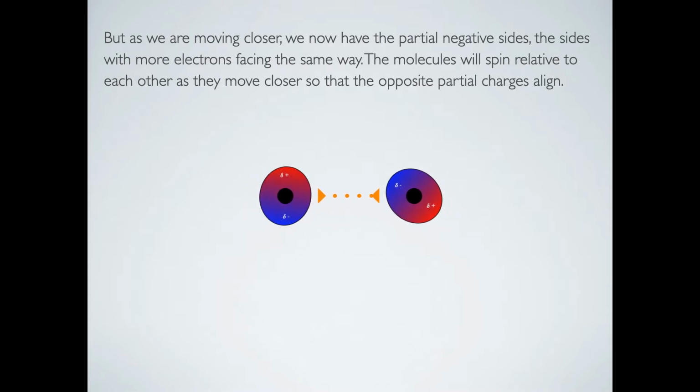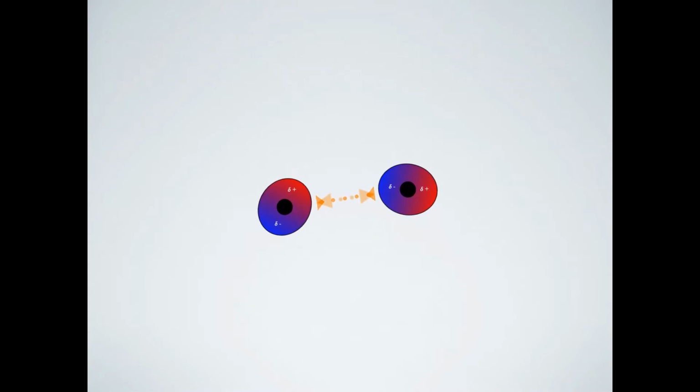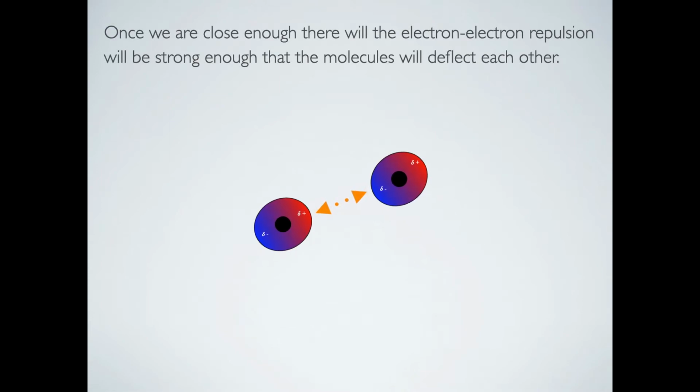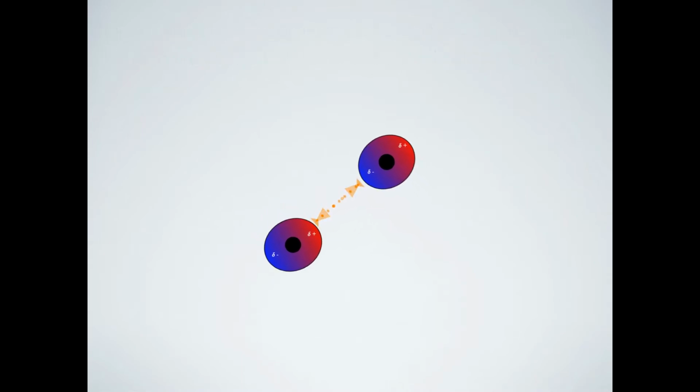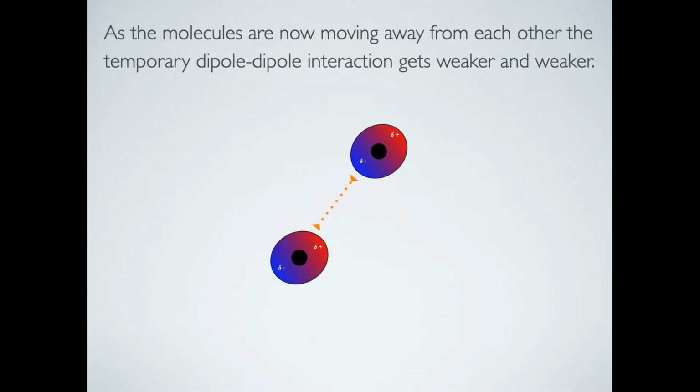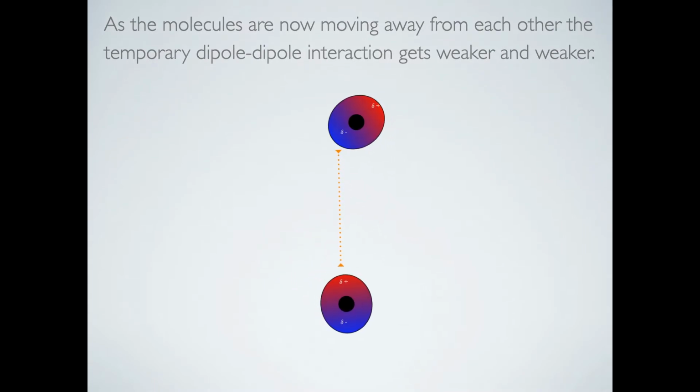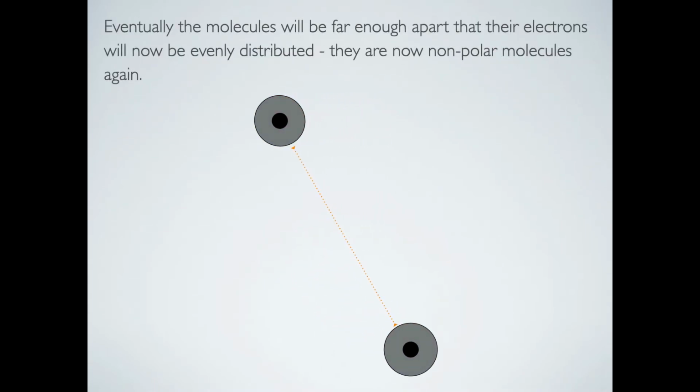And when they become closer, they start to line up, those partial temporary polar molecules. And then they slide past each other. There's that attractive force. And then they start moving away. It gets weaker and weaker. And the poles become smaller and smaller until they're far enough apart where they're considered non-polar molecules again.